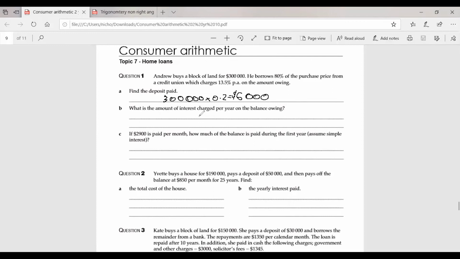So what is the amount of interest charged per year on the balance owing? Well, in that case, interest is equal to 6,000 times 1 for n, times 13.5 over 100.